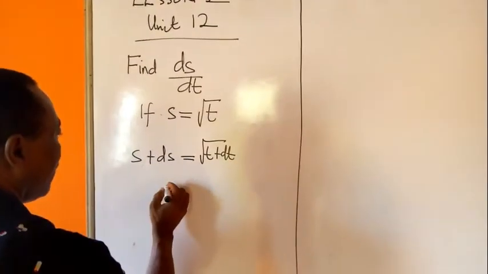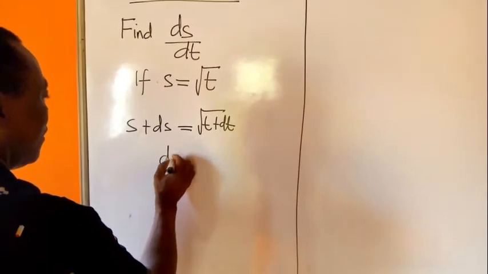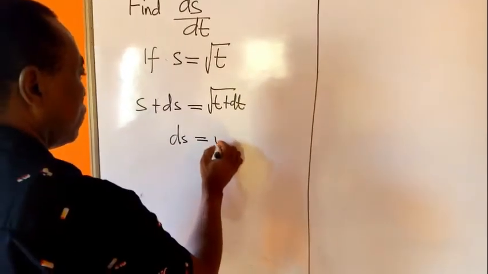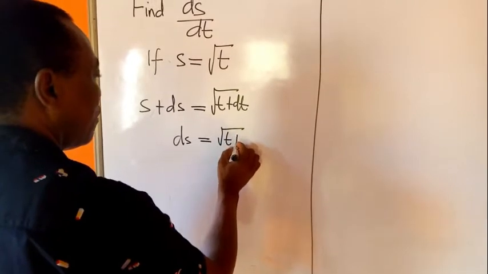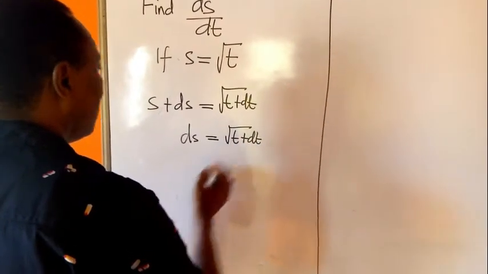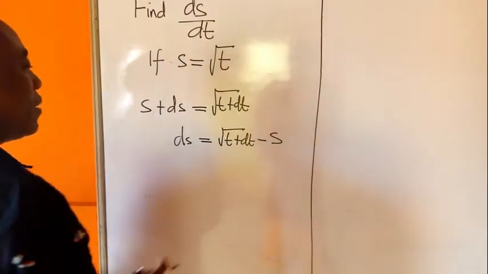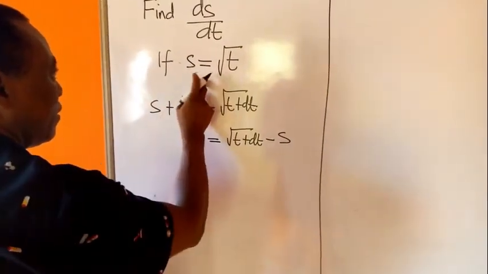Now begin to say the δx is equal to root t plus dt minus x. What is x? It is root t.